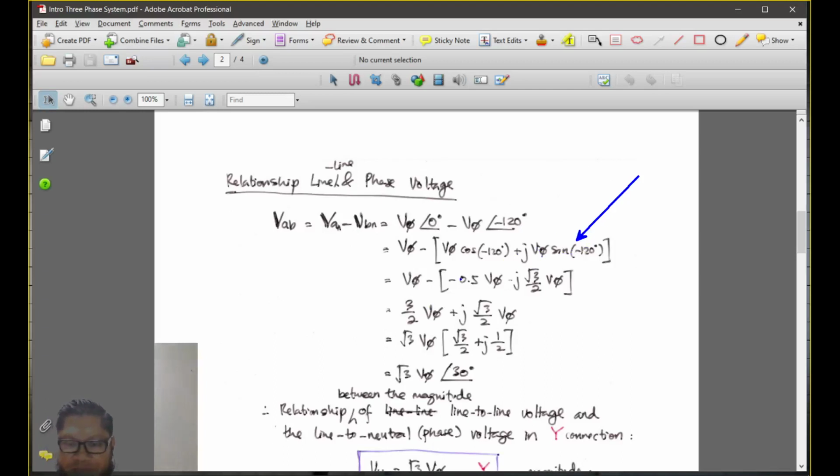By doing that, you find that the line-to-line voltage VAB is equal to root 3 V phase at plus 30 degrees. This is with respect to V phase, so your VAN is the reference voltage.